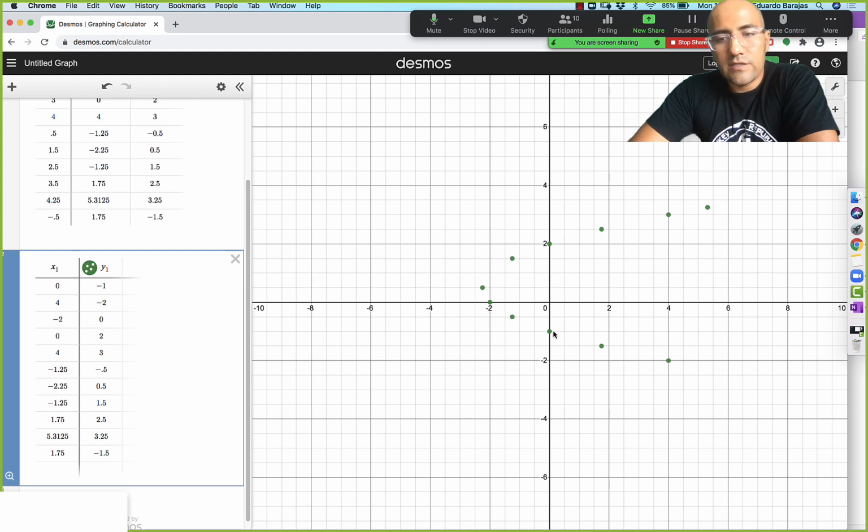As t increases, here's 0. As t increases 0, 1, 2, 3, 4, 5, to infinity, it's going to create this part of the parabola. And as t goes down toward -infinity, it'll create this part of the parabola over here.